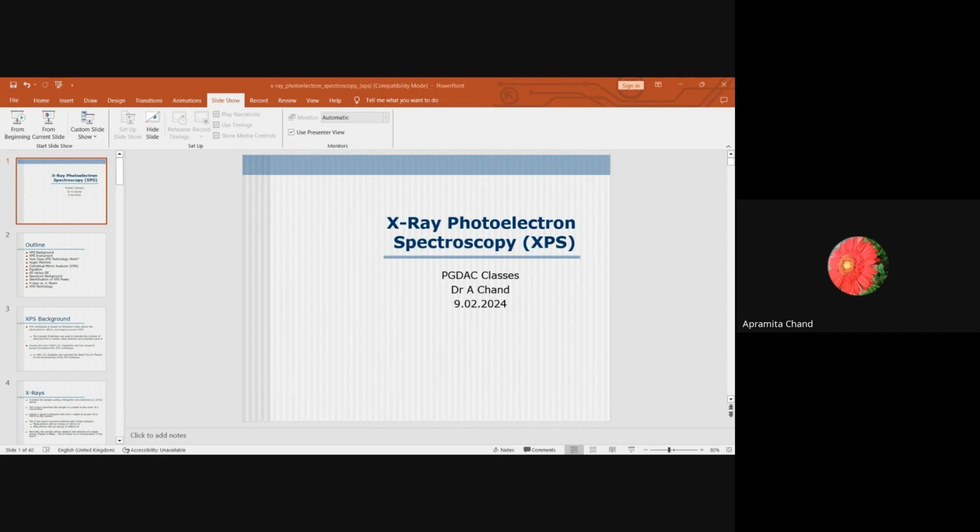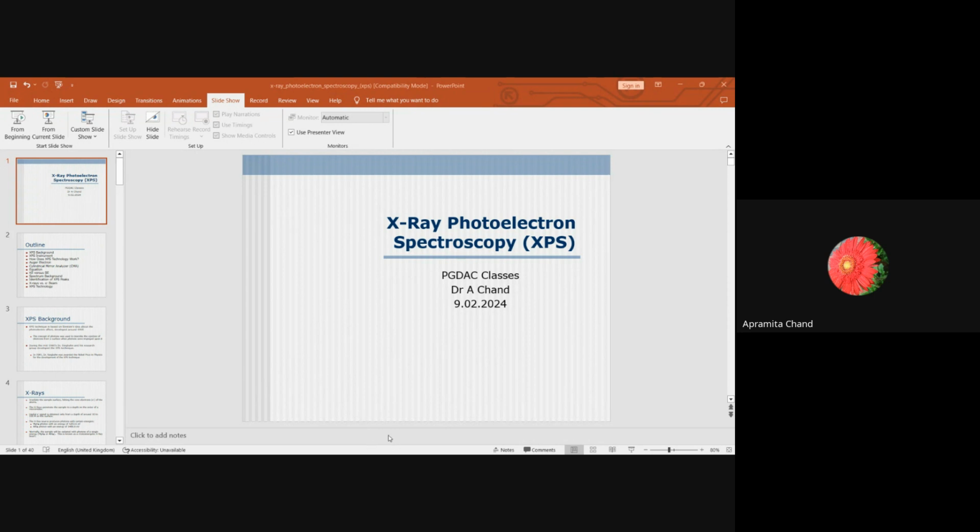Now, what kind of ejections can be there? Now, the X-rays can penetrate to the core electrons of the atoms in the sample. Some electrons will be released without any problem, and they will give the kinetic energies that are characteristic of their elements. But other electrons will come from inner layers and they will collide with other electrons of the upper layers. So, X-rays are coming down to the core electrons.